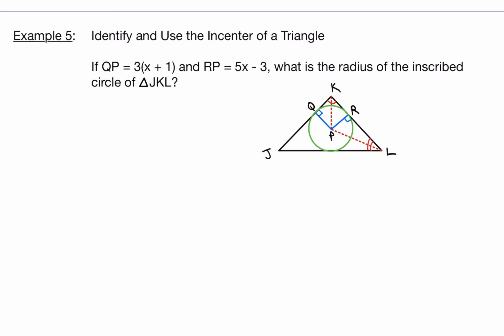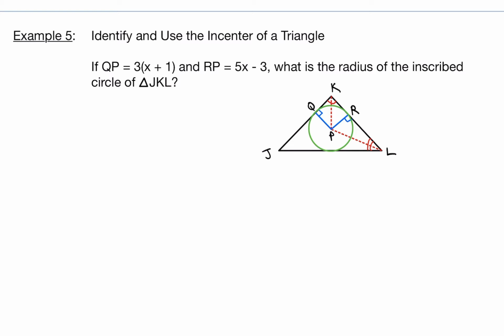So based on the theorem that we just learned, okay, we know that this incenter is the center of the inscribed circle. Okay, so this happens to be the center of this circle, and this distance here is the radius. Okay, and we know that this distance is equal to this distance as well.